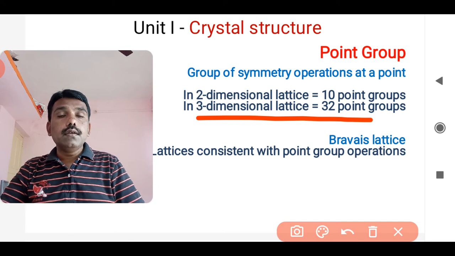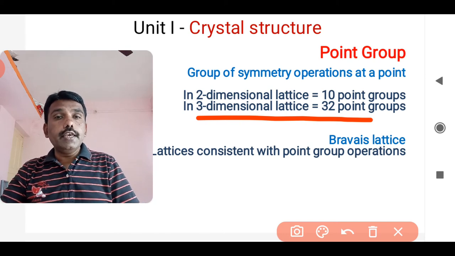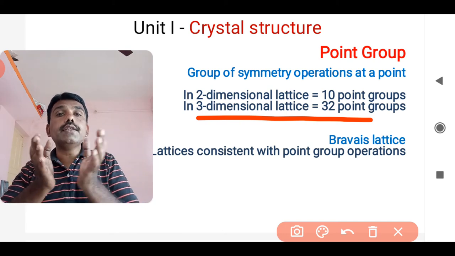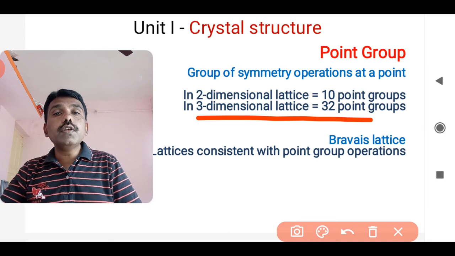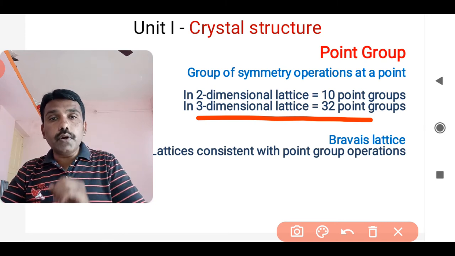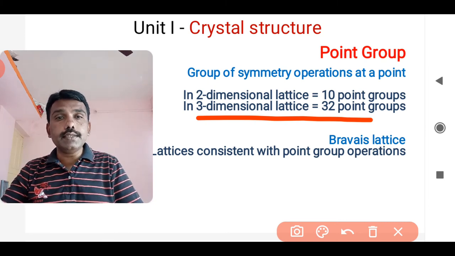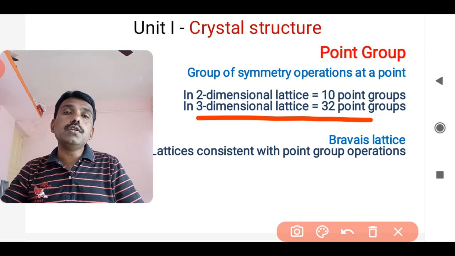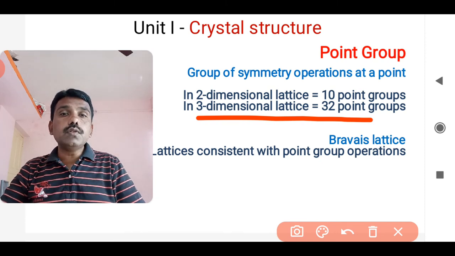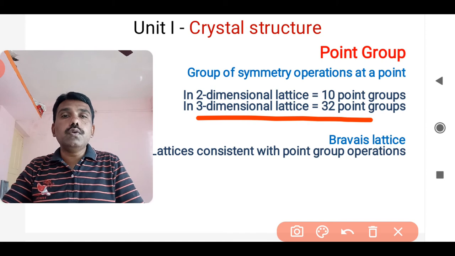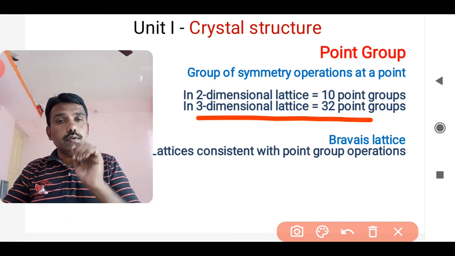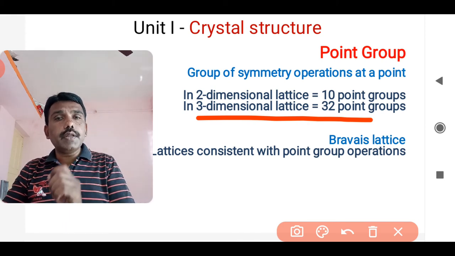Now, if the lattice is formed consistent with these point groups, such types of lattices are called Bravais lattices. This is what the scientists worked on. A very important factor is which are the Bravais lattices.